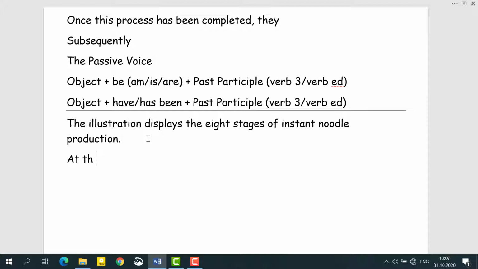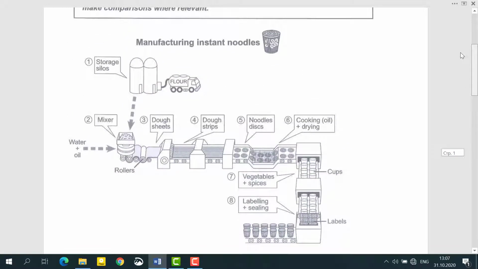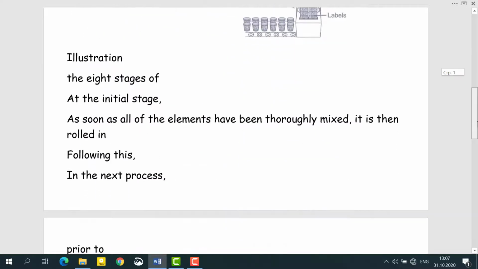First of all, let's just look at our diagram again. Just look at the first stage carefully, and I'll show you how to describe the first stage.